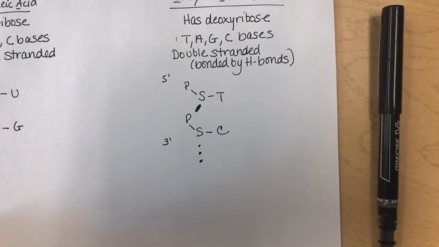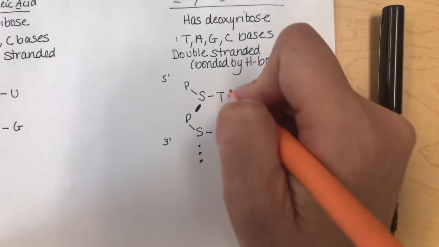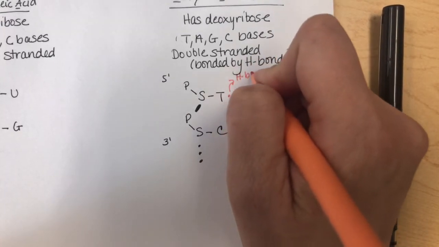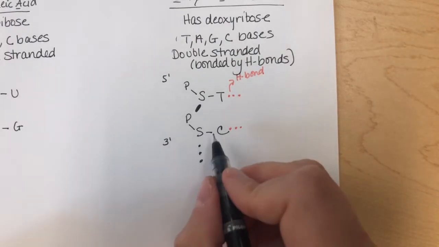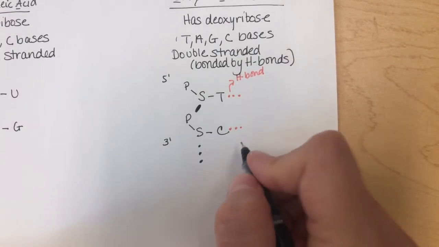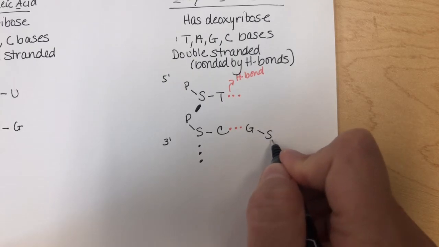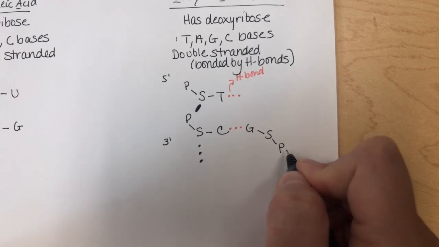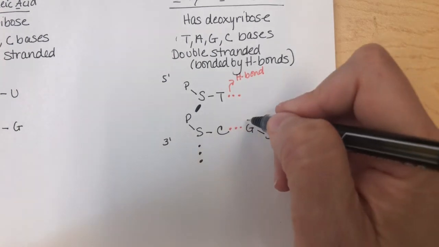And then we're going to have the hydrogen bonds. And then this C, what is it going to be bonded to? G, and it's going to be a sugar and then a phosphate group. So this is going to be the 5' end because of that phosphate group.